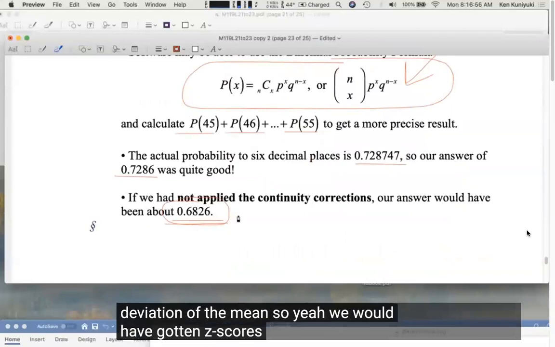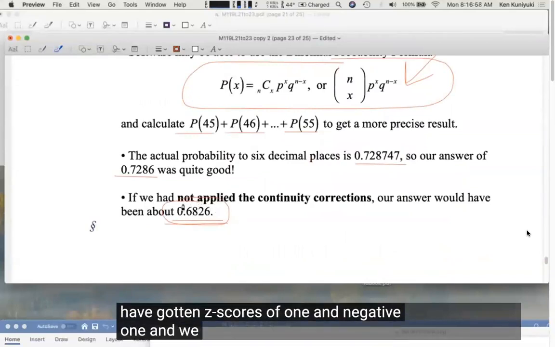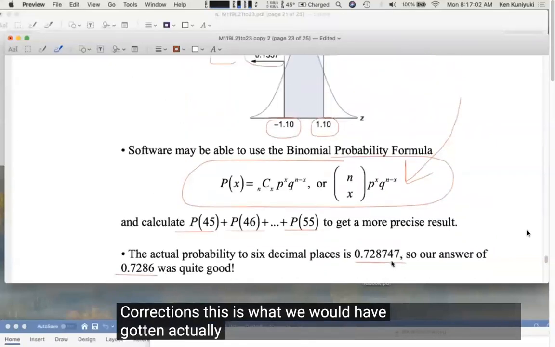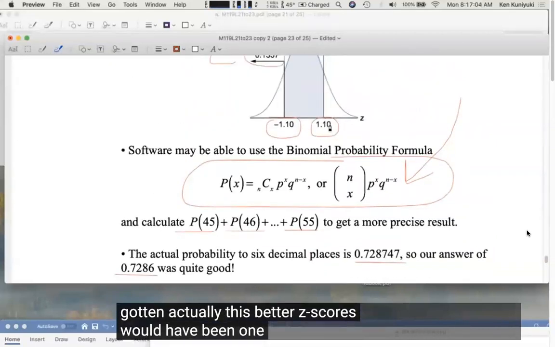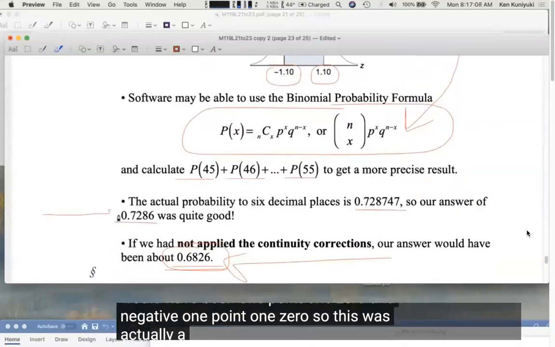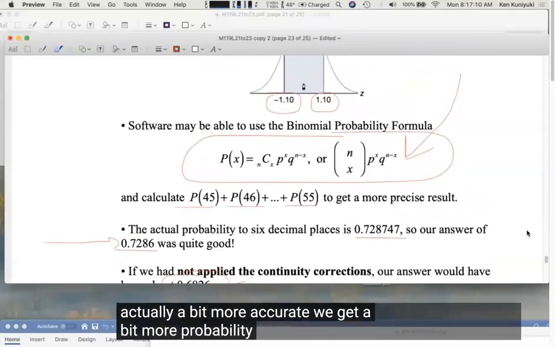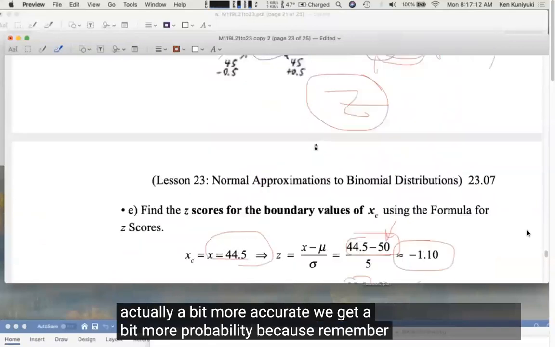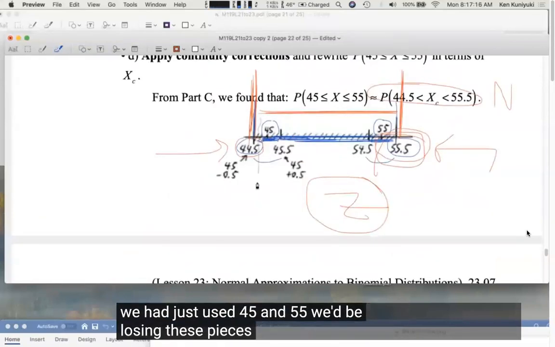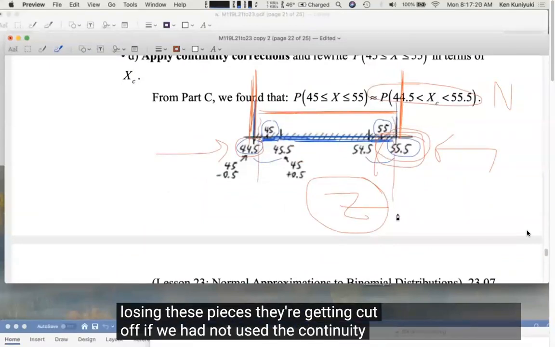So yeah, we would have gotten z-scores of 1 and -1 had we not applied continuity corrections. Actually, the better z-scores would have been 1.10 and -1.10. So this was actually a bit more accurate. We get a bit more probability. Because remember, if we had just used 45 and 55, we'd be losing these pieces that are getting cut off if we had not used the continuity corrections.